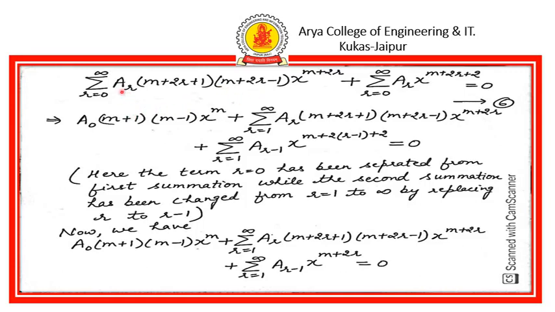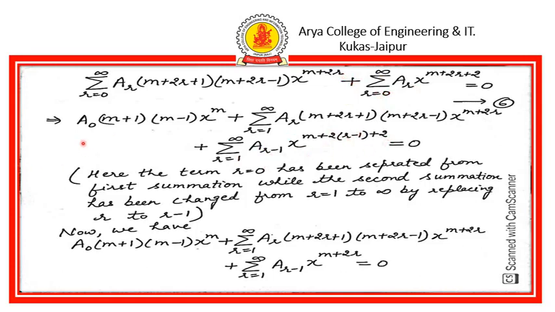In the first summation, we get a0 (m plus 1)(m minus 1) x to the power m, plus the summation from 1 to infinity, and the term is written like this. Plus, in the next summation, if we want to change it to r equals 1 to infinity, we replace r with r minus 1 as discussed earlier.